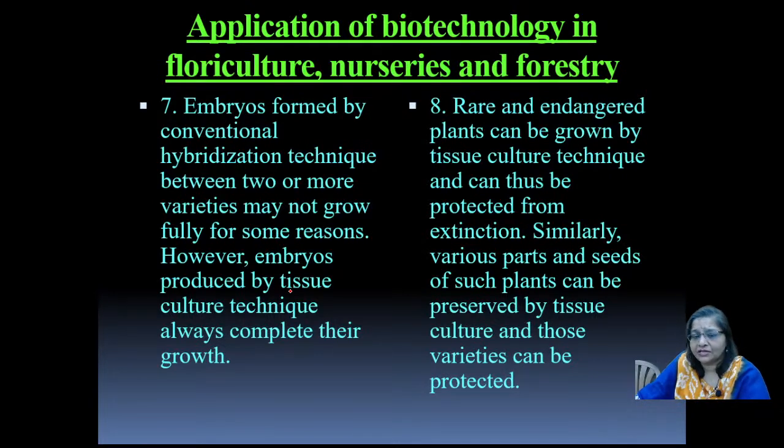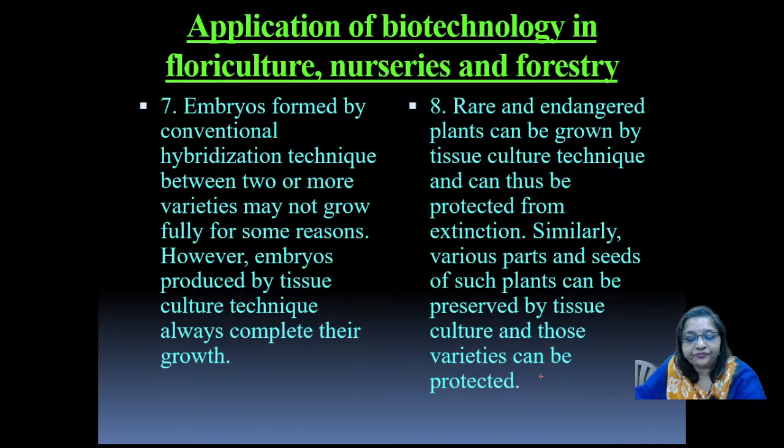can be grown successfully. Now, some rare and endangered plants also can be grown by tissue culture techniques, okay, and in this manner we can restore and protect the plants which are endangered from extinction.